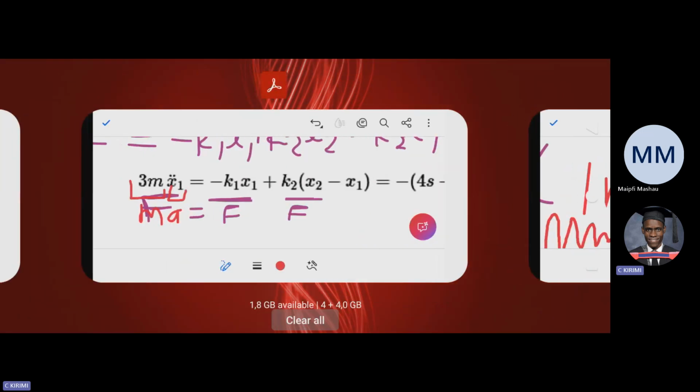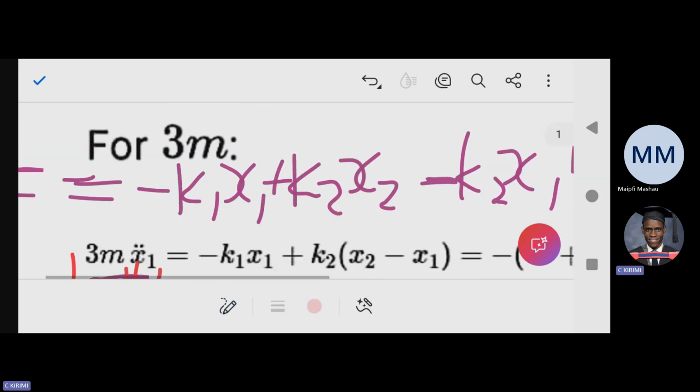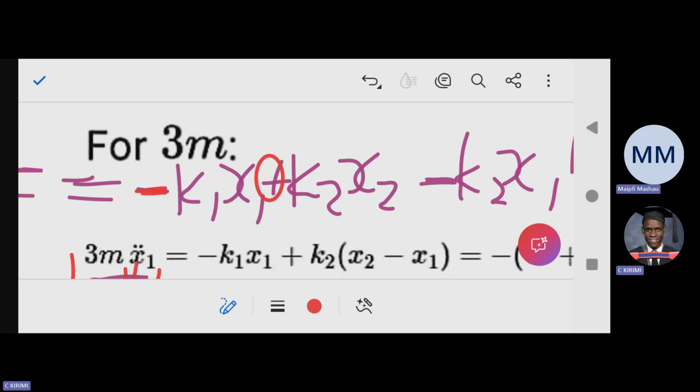The directions are not the same where I've put here. For the first one, it's a negative K1 X1. But when I'm dealing with K2, the force in the second spring, I've put a positive spring constant K2 multiplied by X2. Why? Because the direction is not the same.